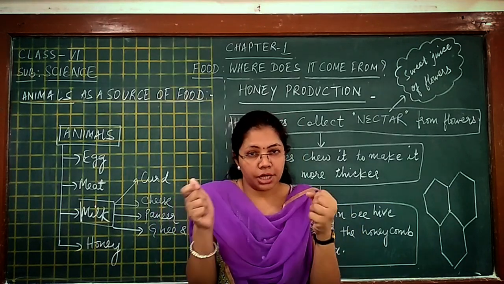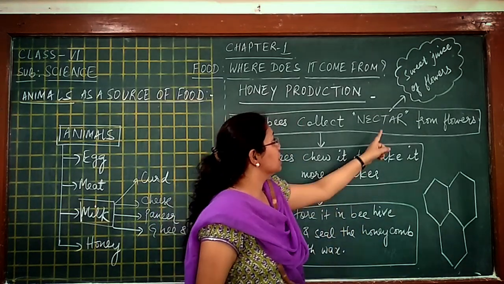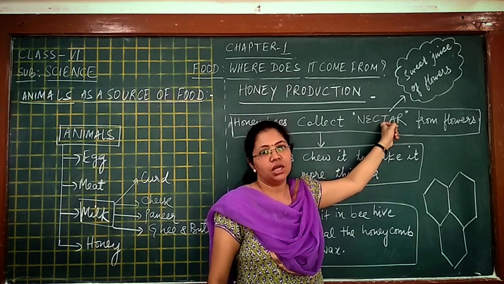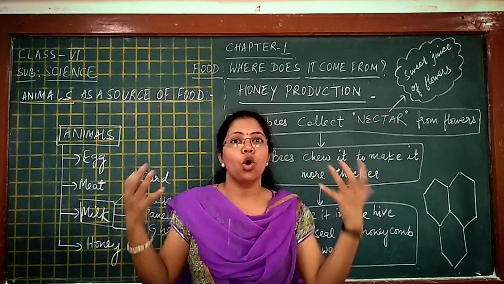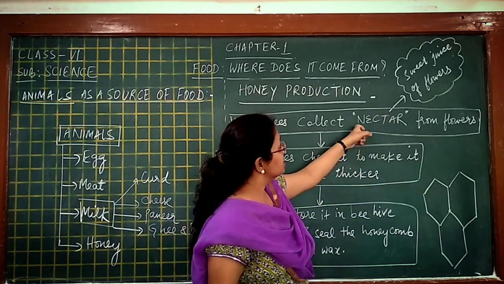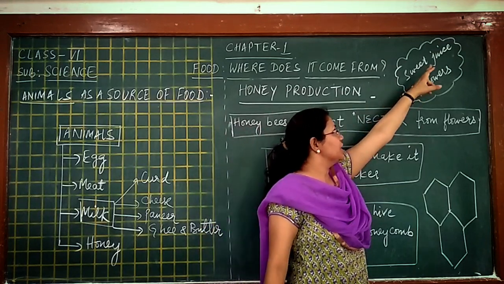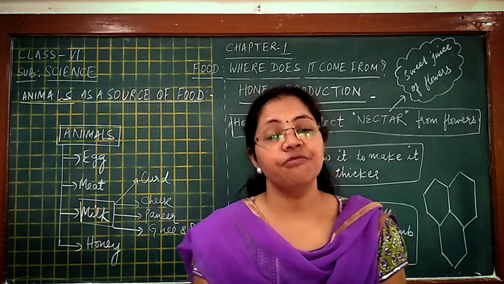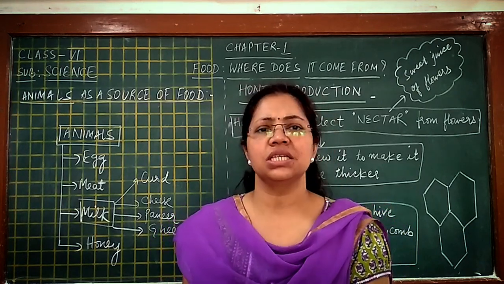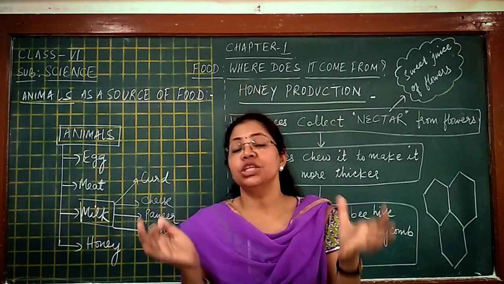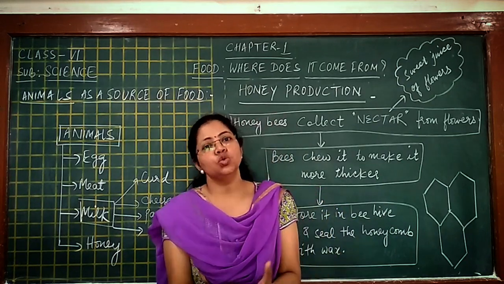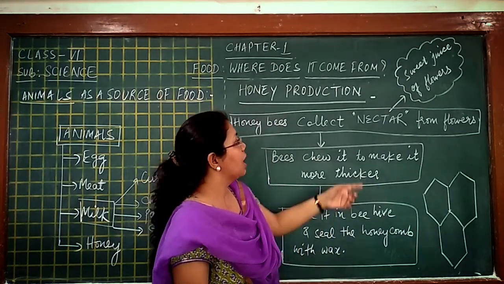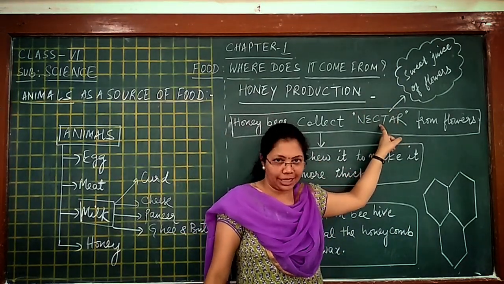Because there they are very busy collecting nectar from the flowers. Now the question comes, what is nectar? So students, nectar is the sweet juice of the flowers. Yes, inside flowers a juice is present, and that juice is sweet to taste. And that sweet juice present inside the flower, we call it nectar.